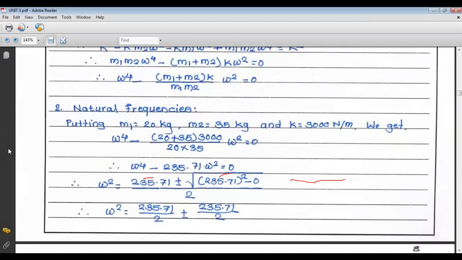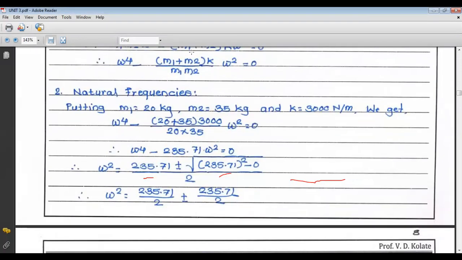So after that we get 235.71 divided by 2 plus or minus square root of 235.71 square, that becomes 235.71 divided by 2. Now one value is plus, another value is minus.